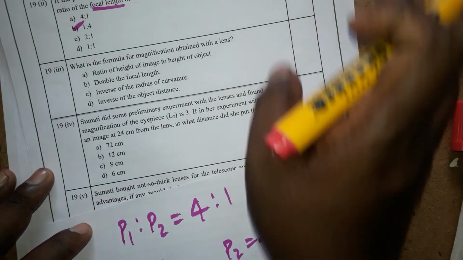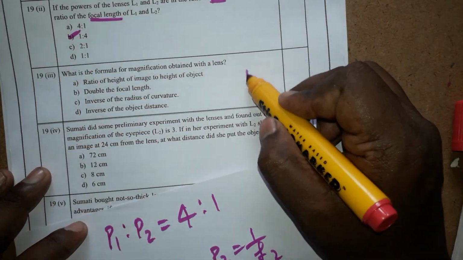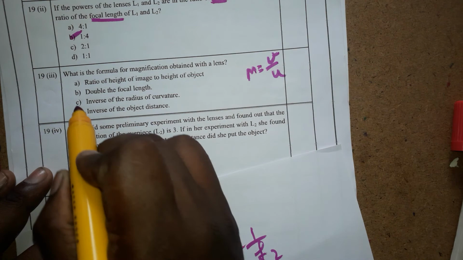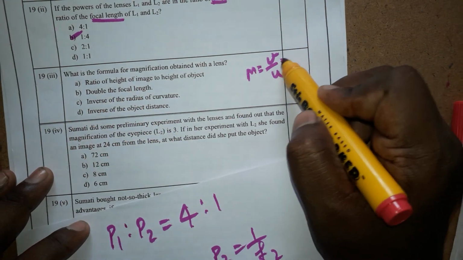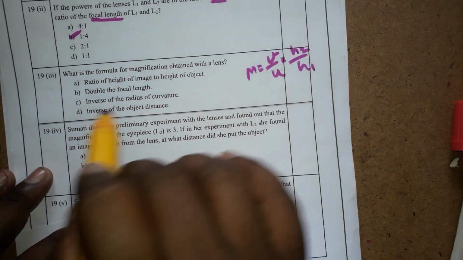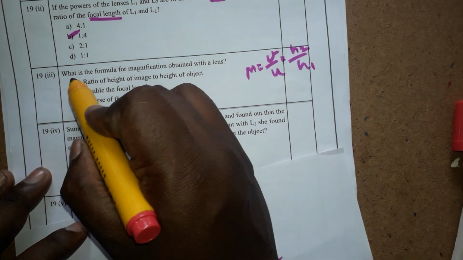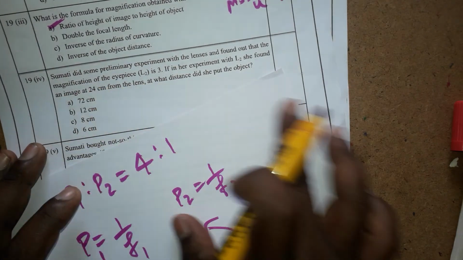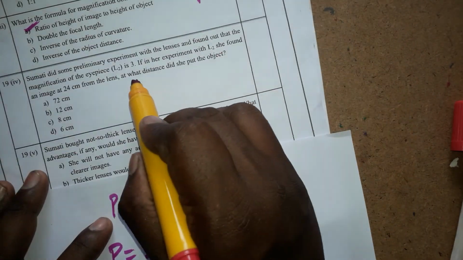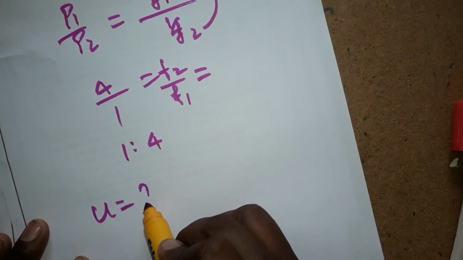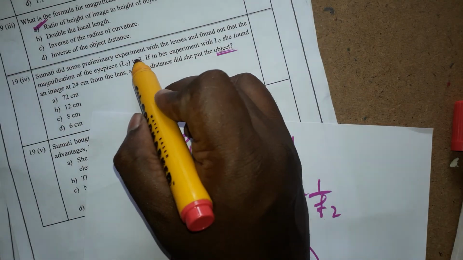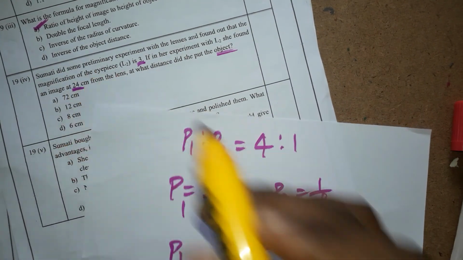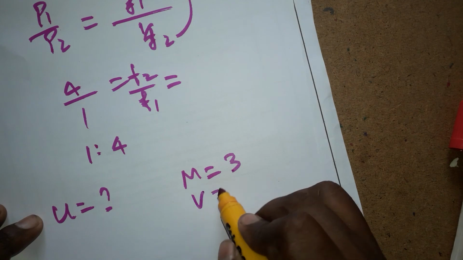The other question, magnification we know is v divided by u, otherwise h2 divided by h1. So it is the ratio of the height of the image to the height of the object. No need to read anything else, we directly got the answer. Question number 19, they asked what is the distance of the object? That means u is the question mark. m is given in this question as 3 and v is 24.